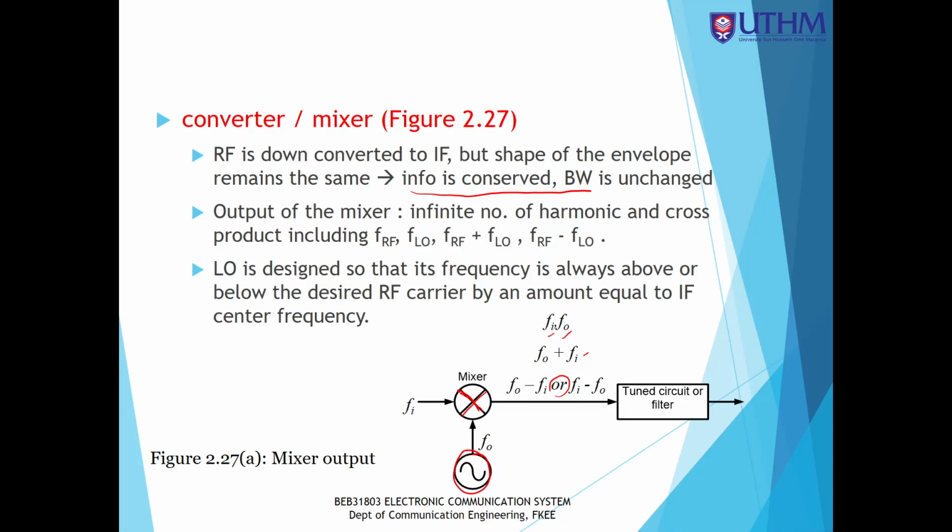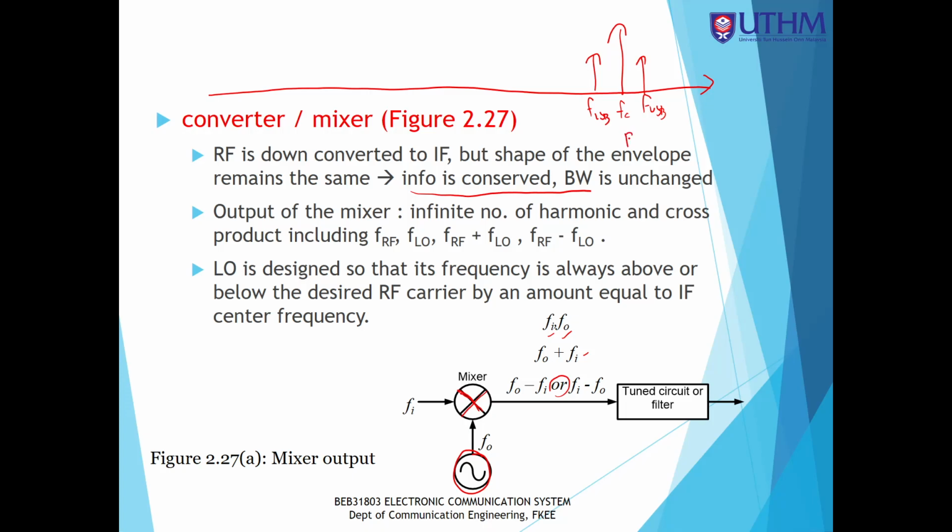So I will draw the picture again so that you can have a better understanding. Imagine that here is the F RF selected by the preselector. Here is the resonant frequency or the carrier frequency, and here we have F USB, and here is F LSB.